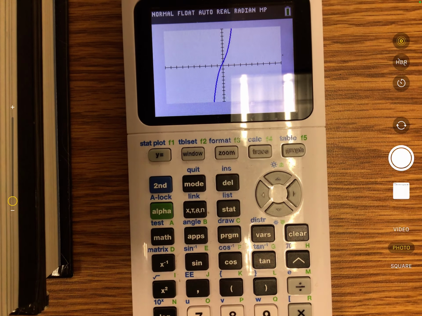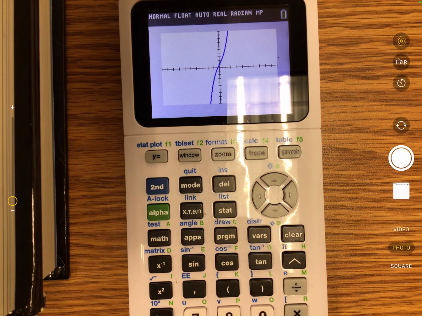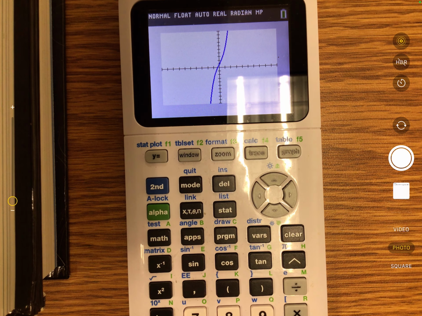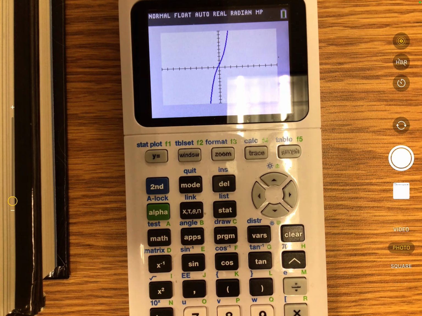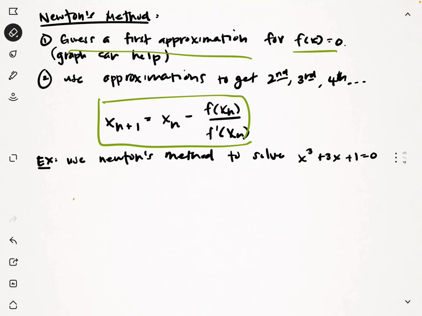It doesn't matter as long as your approximation is okay. As we do more and more of these Newton's approximations, we're going to get closer and closer. So I'm going to say 0.03. You guys can guess another one. So let's say our first guess is about 0.3.